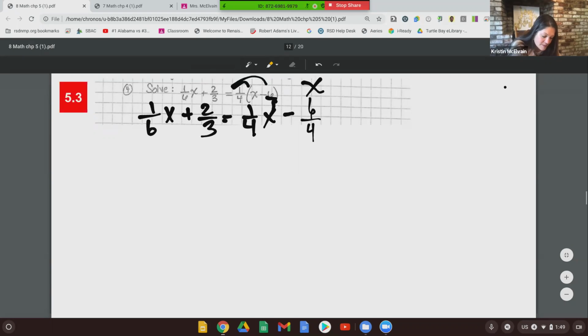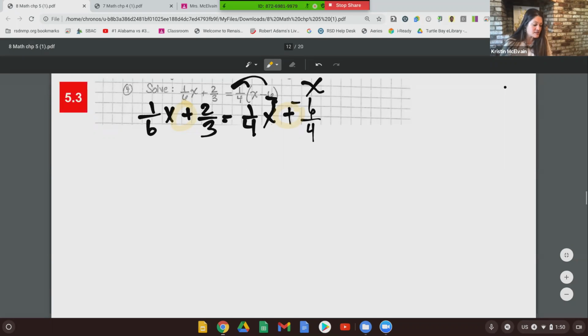All right, add the opposite. Change that here. All right, so now I have an addition problem on this side and an addition problem on this side, but I have all different denominators. Okay, so what I want to do is get the same denominator on both sides of the equal sign, because we are going to be combining like terms.